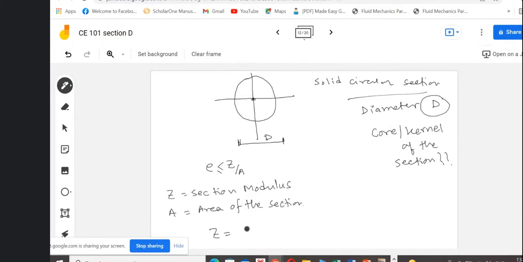So pi d cube by 16. Pi d cube by 16. Okay. Is it correct? Anyone else? Is it correct?